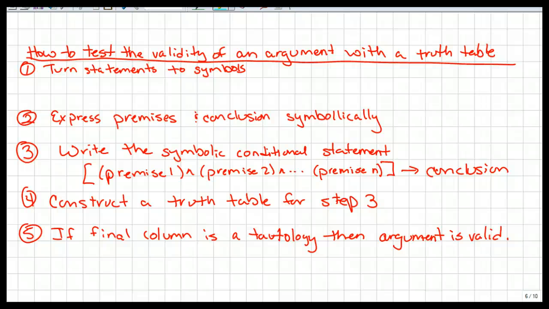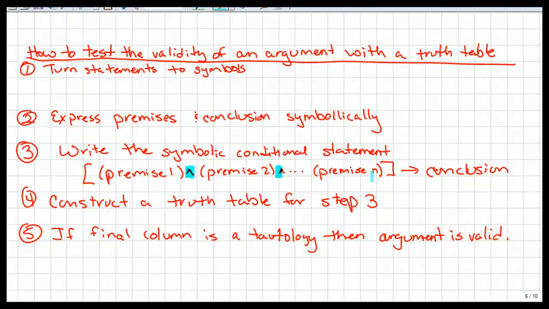And then you're going to take the entire thing and put it in one conditional statement. So if you notice, you always put your premises on the left side, and they all have an and statement in between them, listed out. You might have 2 premises, or you might have a whole bunch of them, depending on how complicated the argument is.